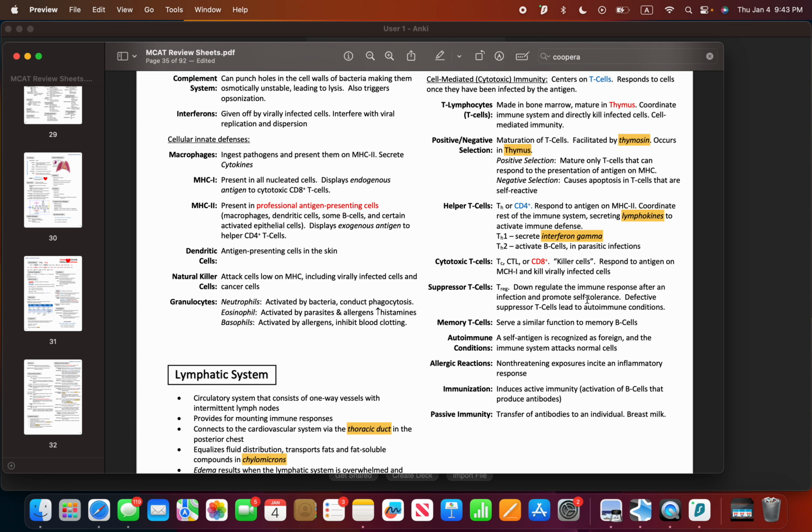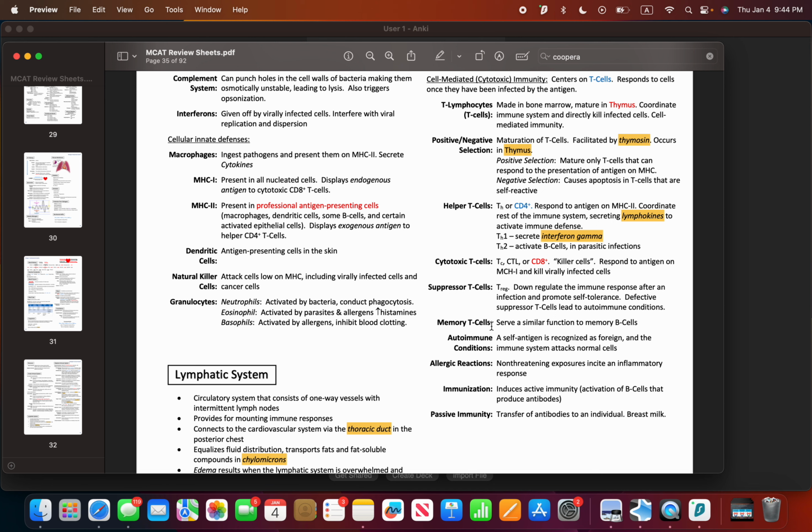So we want to tolerate ourselves, and good high self-tolerance is good because it means that we are tolerating our self cells. Defective suppressor T cells lead to autoimmune conditions.